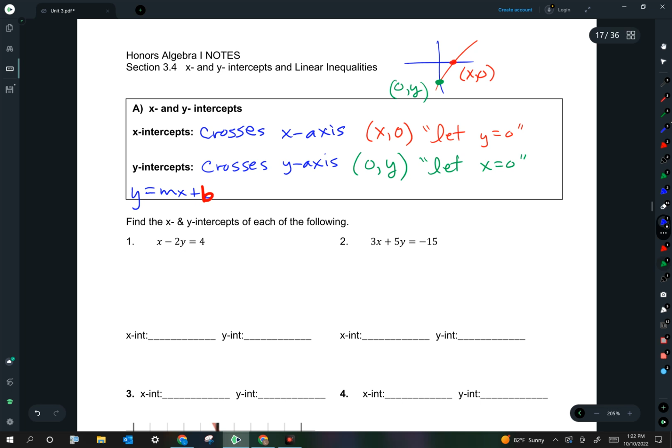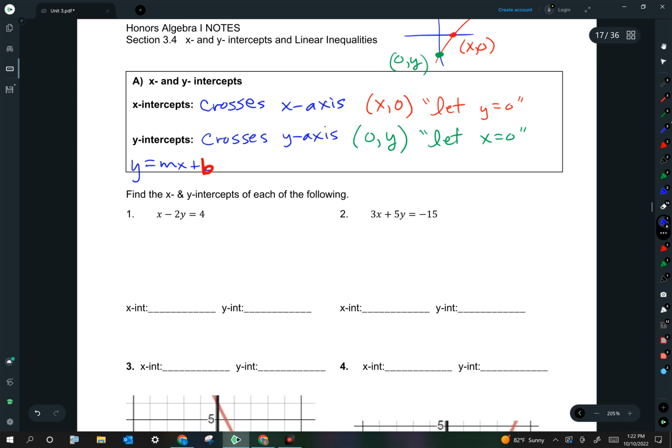So when I come down here and look at number 1, it says find the x and y intercept of each of the following. You don't have to change this into y equals mx plus b. For the x-intercept, I know the ordered pair is going to be some x number, we'll figure that out in a minute, comma 0. So I'm going to let y equal 0.